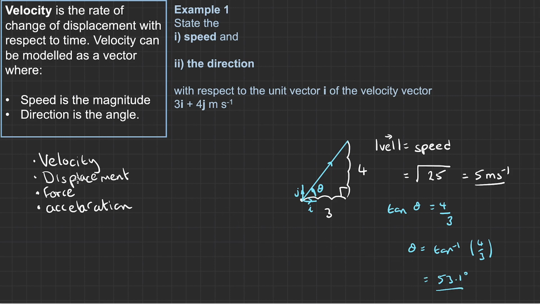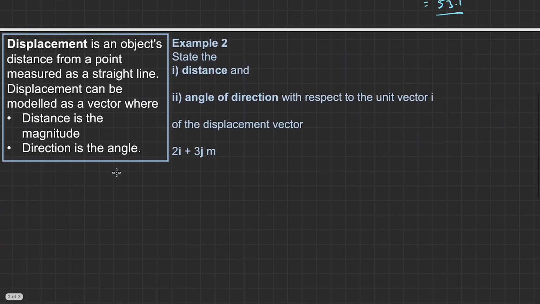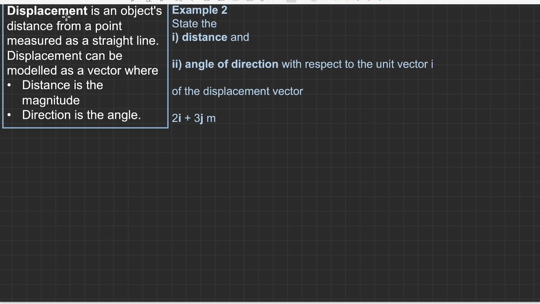Okay, so let's move on to looking at displacement vectors. We know that displacement is an object's distance from a point measured as a straight line. So displacement can be modeled as a vector where the distance is the magnitude and the direction is the angle. Again, if we're going to model 2i plus 3j, we'll start here, 2 in the i direction, 3 in the j.